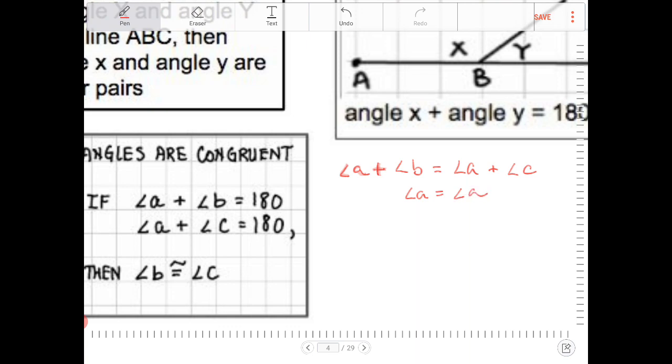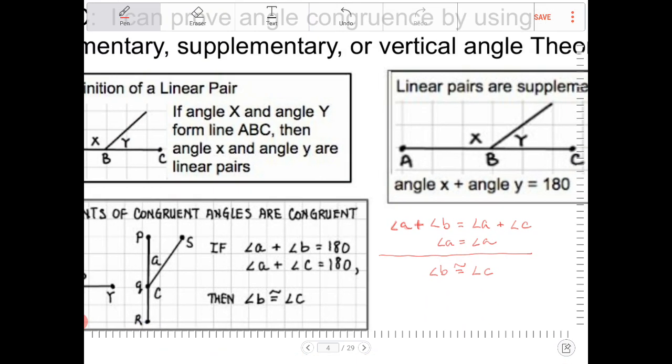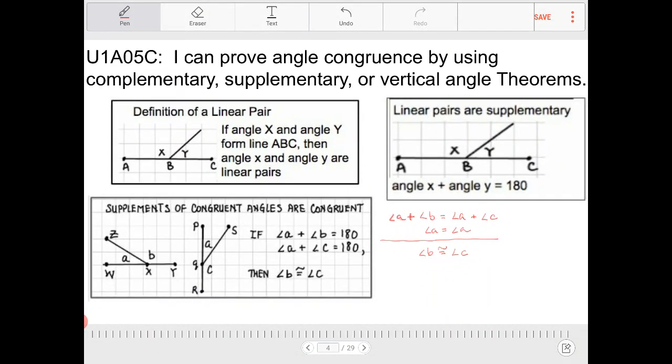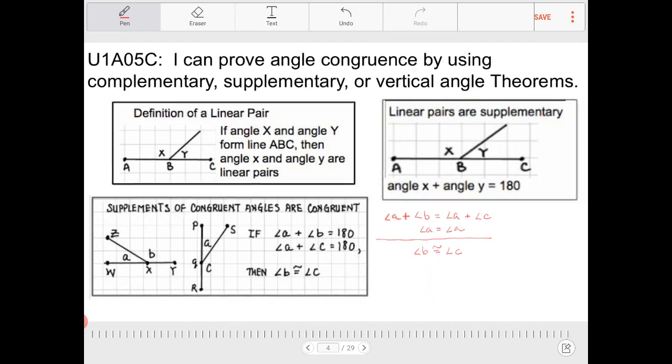So because angle A is equal to itself, and I linked the 2 statements together as I've written in that first step, I can then subtract, and what I will end up with is angle B is equal to angle C, or angle B is congruent to angle C. This is the proof of this theorem, and the theorem is called supplements of congruent angles are congruent. The use of this theorem will help save 3-4 different steps in the 2-column proof that we're about to do.